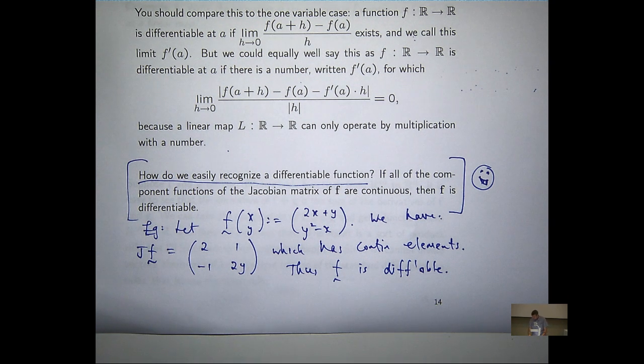Now that's what we want you to know, okay? From a practical point of view, we want you to know that if the Jacobian matrix has continuous elements, then the original function is differentiable.